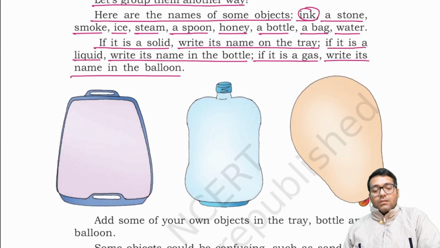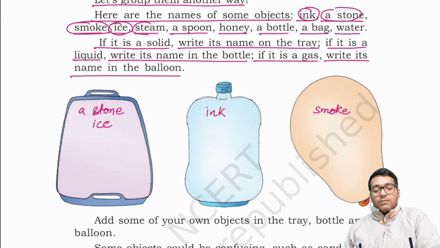Ink, liquid. A stone, solid. Smoke, gas. Similarly, ice, solid. Steam, gas. A spoon, solid.